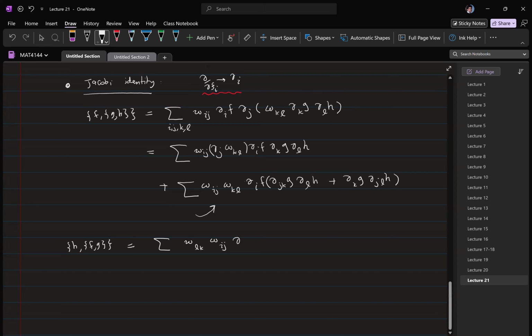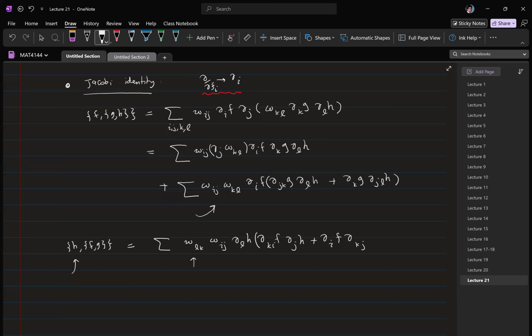But this time I will have DLH. Sorry. So I have to differentiate this with respect to L because L came the first index here. Okay, so I do DLH, DKI F DJH plus DI F DKJ G. Did I miss a G?